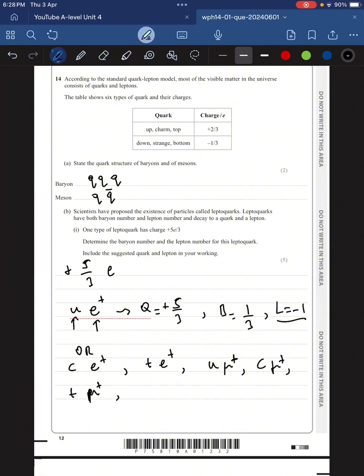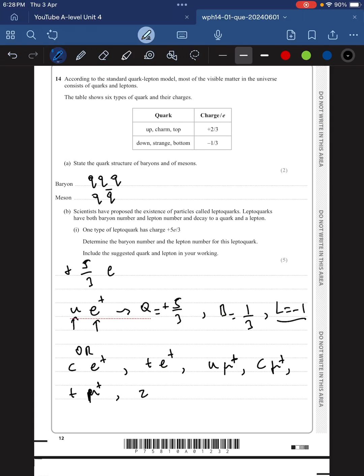We have electrons, muons, and we can also have combinations with the tau, right?